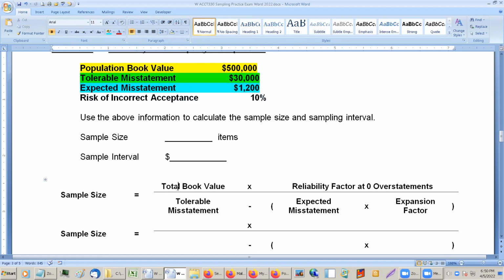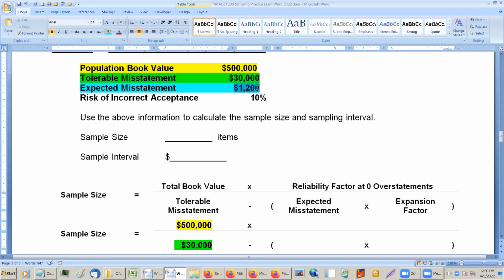Okay, so the first thing in the formula we need is our total book value, which is that. Underneath it, we have our tolerable misstatement, which is that.